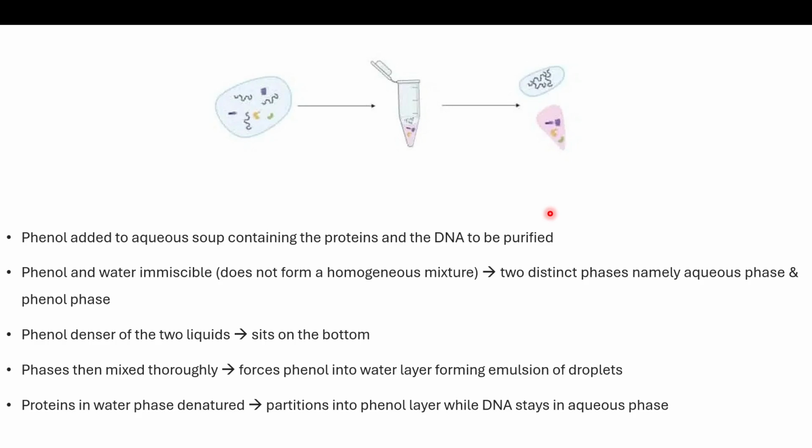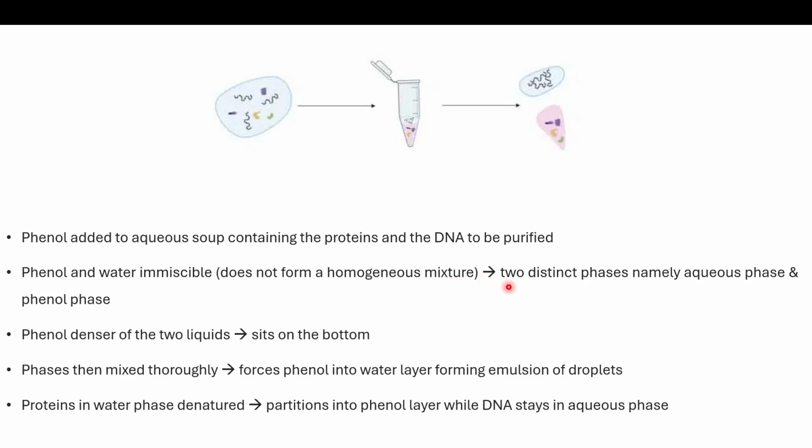Now you centrifuge it to separate out the cell debris, which will pellet down, and the other cellular contents will remain in the supernatant, which is referred to as the aqueous soup here. Phenol is added to that supernatant, and the aqueous supernatant and phenol are immiscible and do not form a homogeneous mixture.